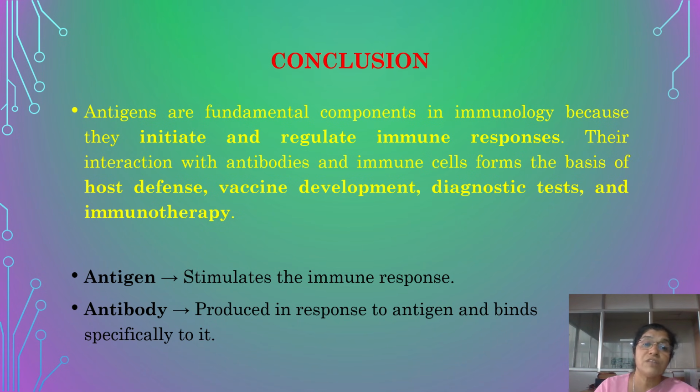Their interaction with antibodies and immune cells forms the basis of host defense, vaccine development, diagnostic tests, and immunotherapy. Antigen stimulates the immune response. Antibody is produced in response to an antigen and binds specifically to it.